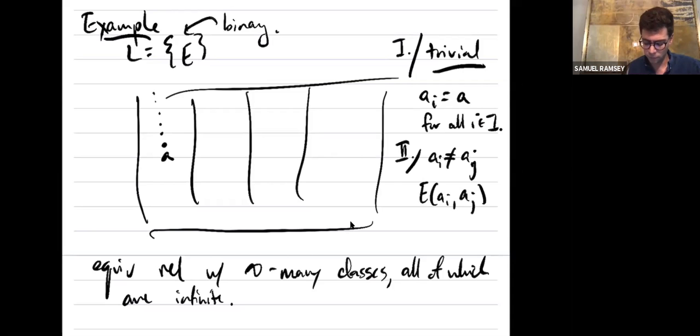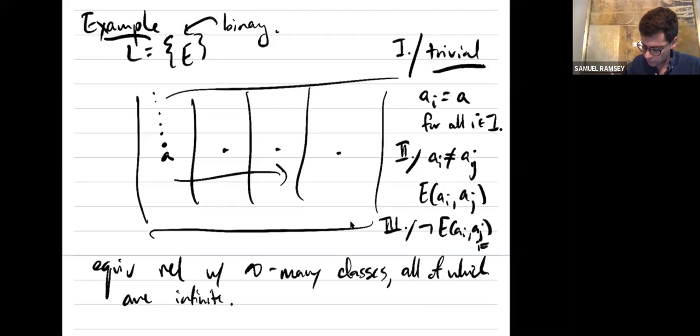And then notice that there's a third one. This one is axiomatized by saying it's not the case that A I and A J are equivalent when I is different than J. So these are the 3 possibilities.